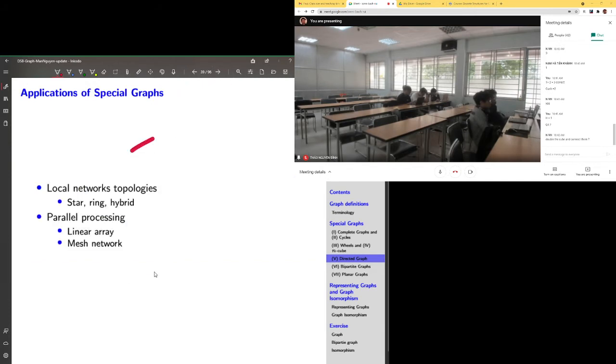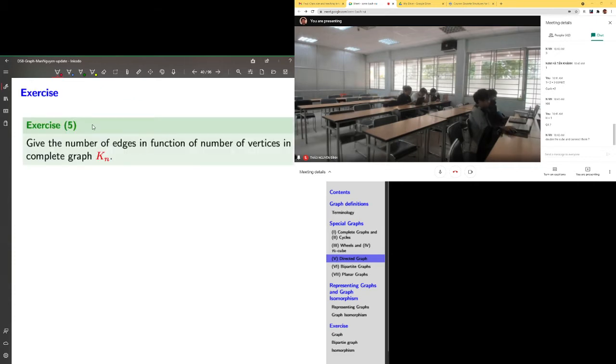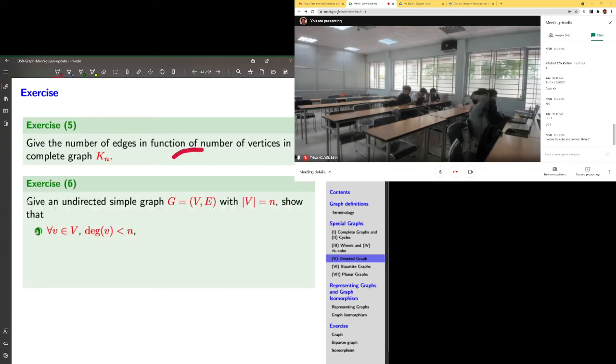So we move on with the application of the specific graphs, up to the hypercube. And this is the second group of exercises today. You have to do these weekly at home when you learn the theory. Exercise number 5. Figure out the function. Exercise number 6.